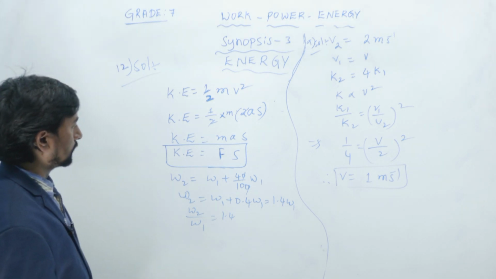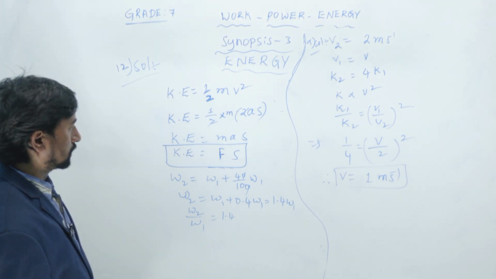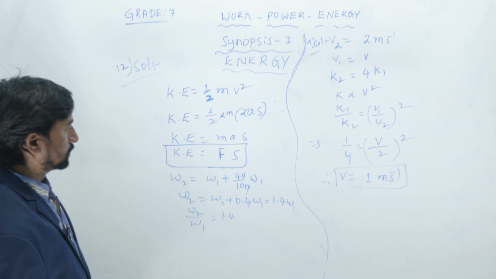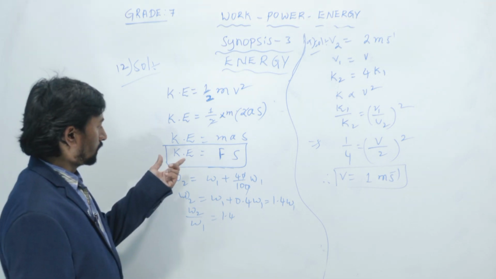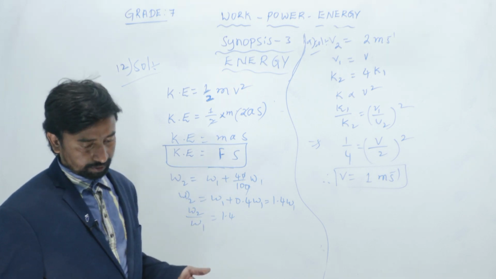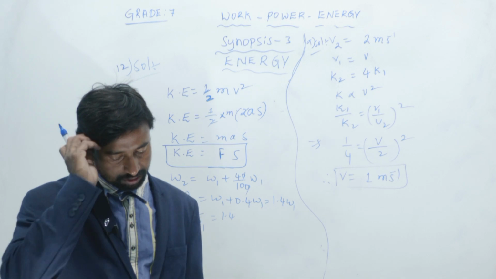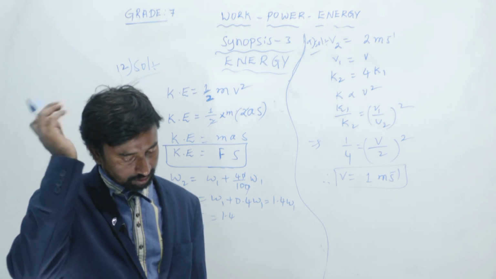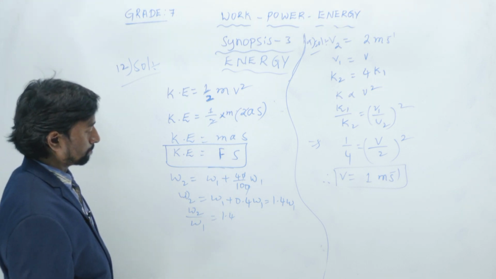But here for the kinetic energy, F we consider as the weight of the body. F is equal to mg if we consider there. So this kinetic energy does not depend on the weight. Stopping distance is what is asked there.